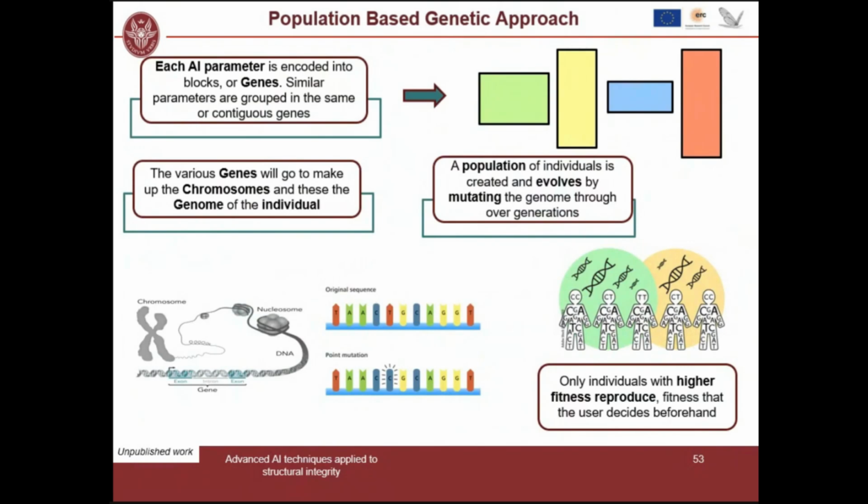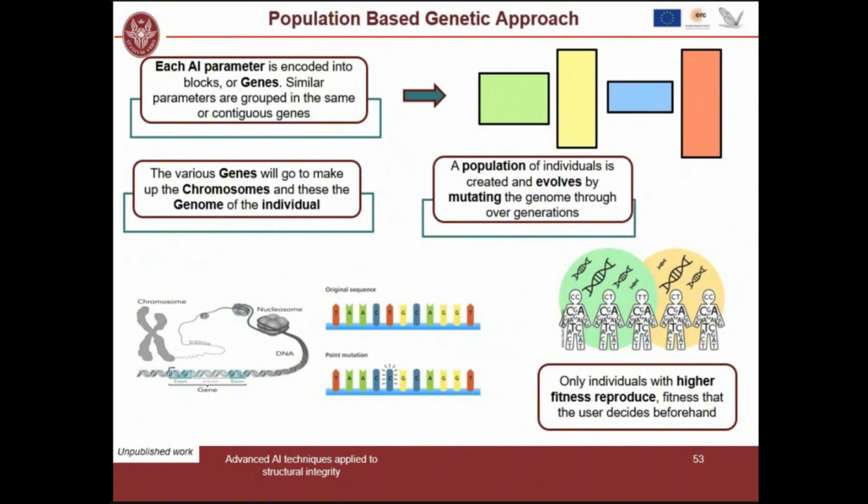In this case, I encoded the information of each layer into a gene. With enough genes, I created some chromosomes related to the encoder, some related to the decoder, and some related to the training process. And those chromosomes created the genome of an individual.